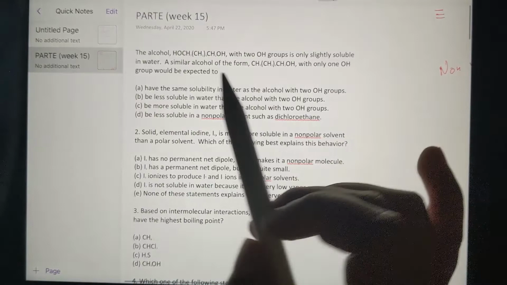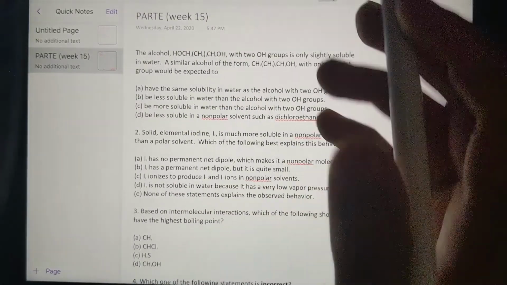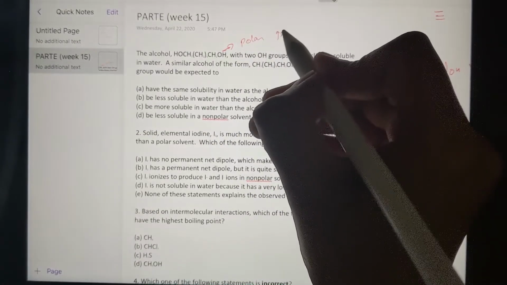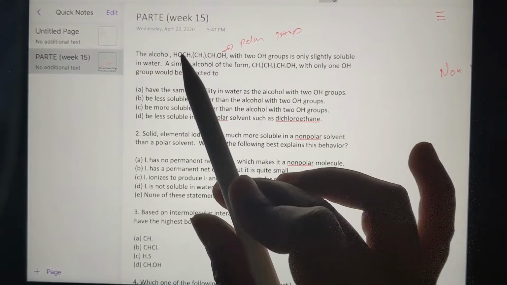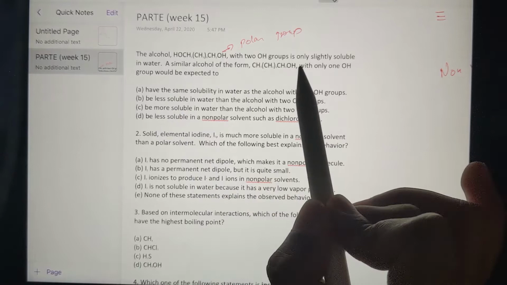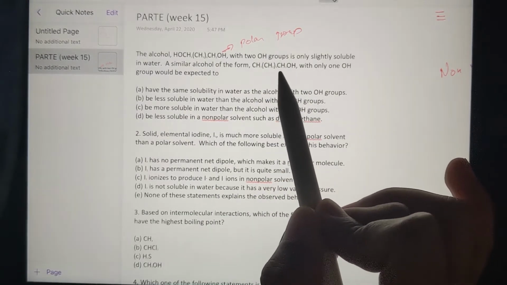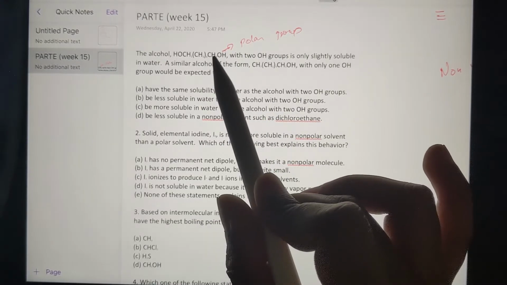In this case, this molecule has two hydroxyl groups, this OH group, which is a polar group, and despite having two hydroxyl groups, it's only slightly soluble in water. This molecule has only one hydroxyl group instead of two, so it will be even less soluble compared to this molecule.